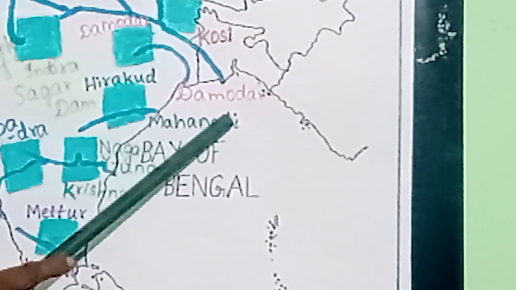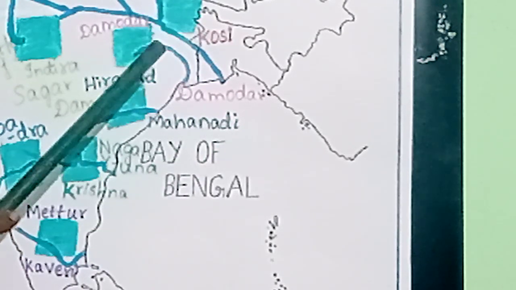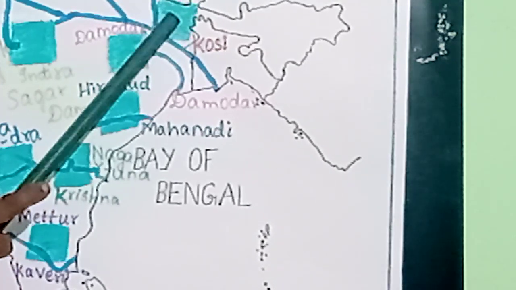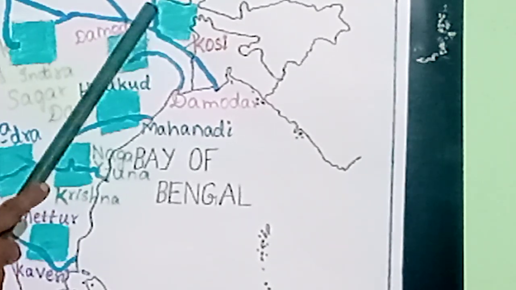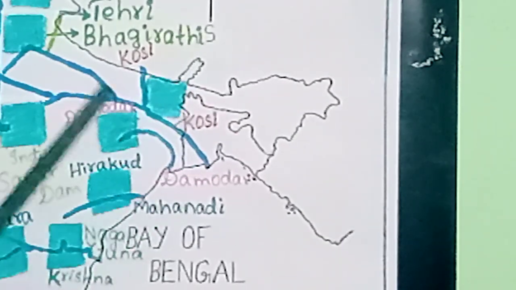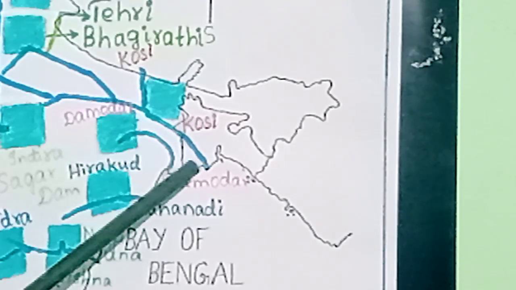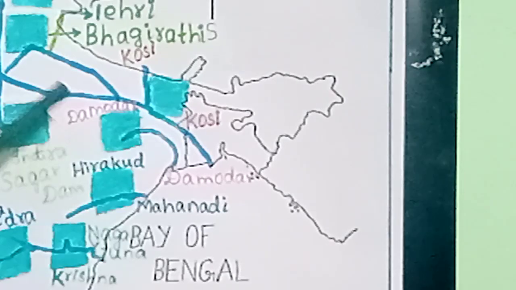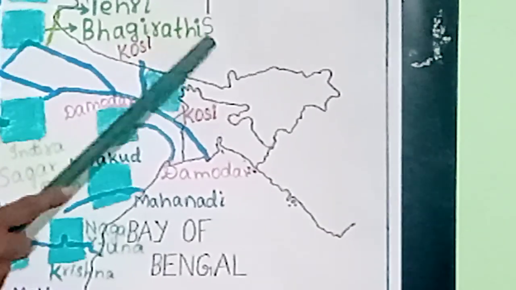Then the next one is Kosi Dam. It is built across the river Kosi. This Kosi river is a tributary of Ganga. Then the next dam is Bhagirathi Dam.